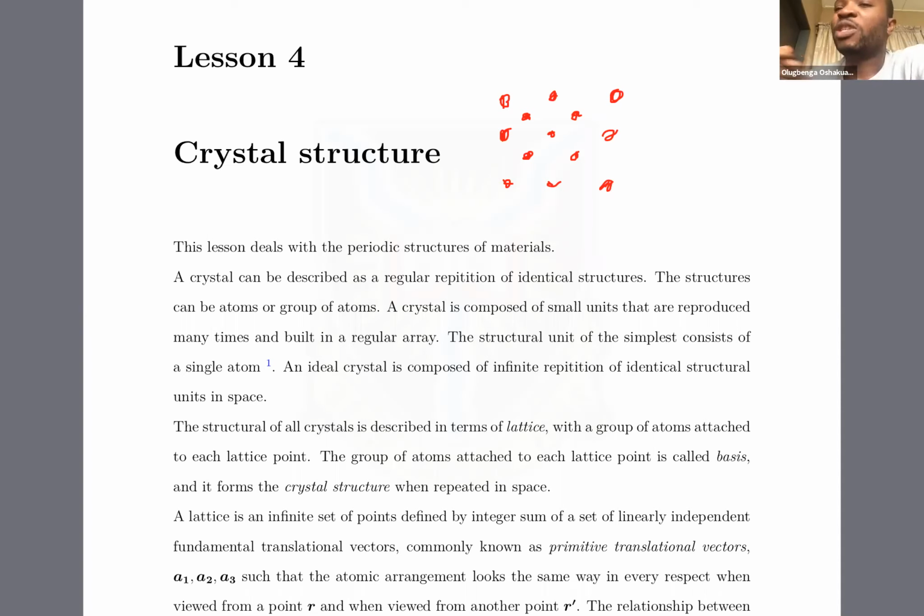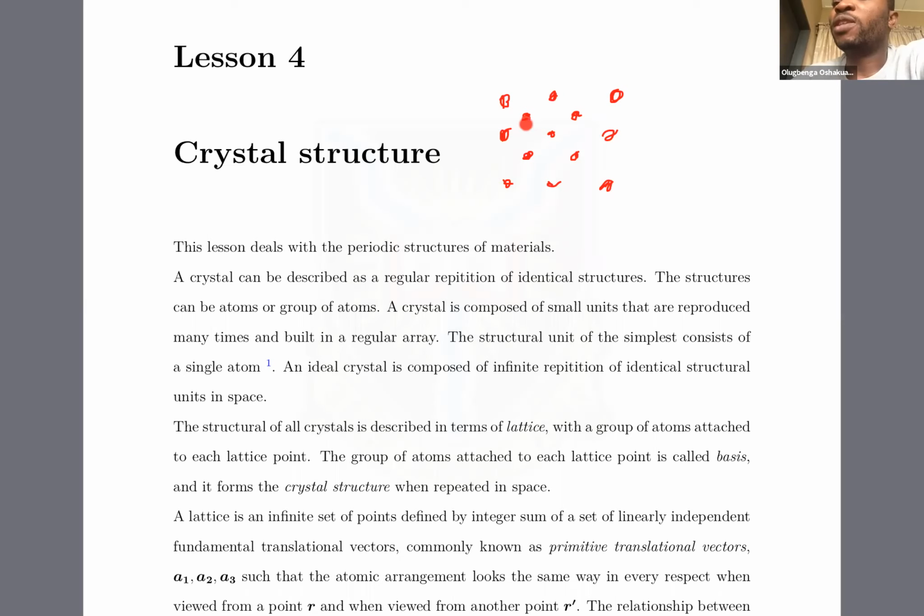The arrangement of the atoms is what is called crystal structure, and it is what we study under crystal structure. When we are talking about copper, for instance, if this were meant to be the crystal structure for copper, every point here will be occupied by copper.